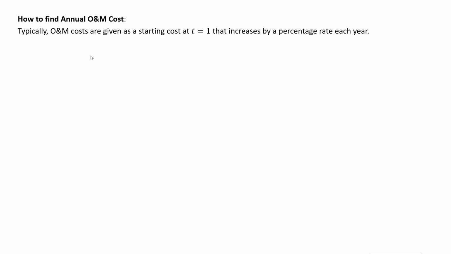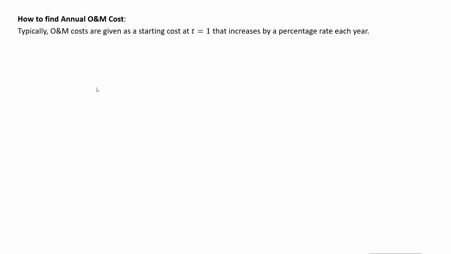But when it comes to O&M, operating and maintenance costs, the starting cost is at t equals 1. So at t equals 0, the operating and maintenance cost is considered to be 0. But only at t equals 1, you will have some. That's when you'll start to do some maintenance work, and so you will incur some costs at the end of that first year. Cool.